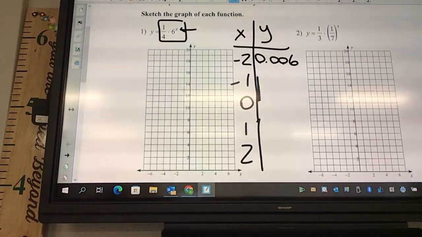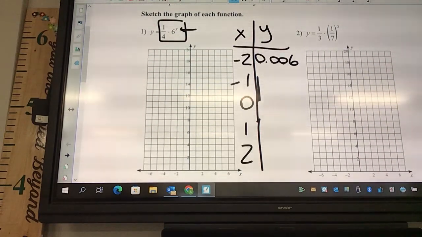Okay, hit your fraction button. 1/4. Hit over. Over. Times. Click delete, got 6.